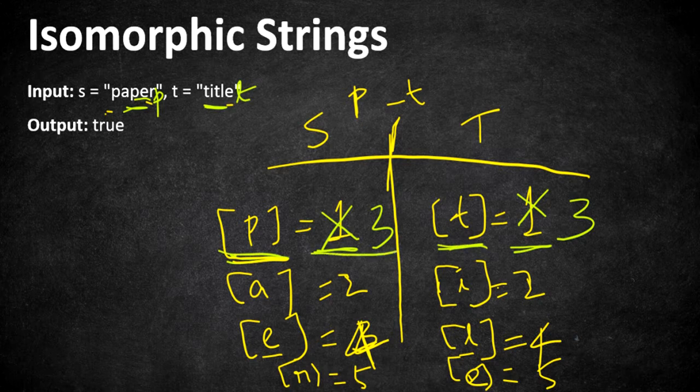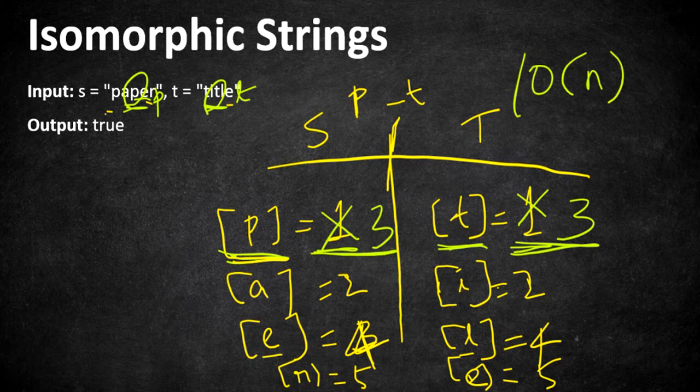Yes, they have been updated with index 3 as they occurred again at position 3. So they both match, and they are still isomorphic. Hope you're understanding this solution, as we iterate both the strings only once, and both strings' lengths must be equal. So it is going to work in big O of n time complexity.